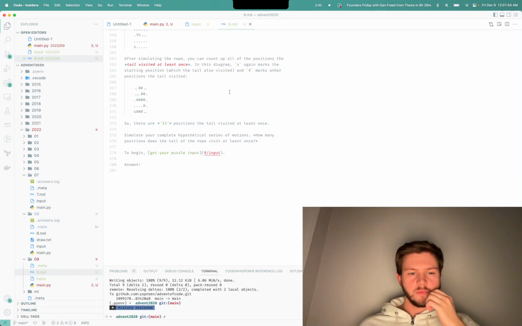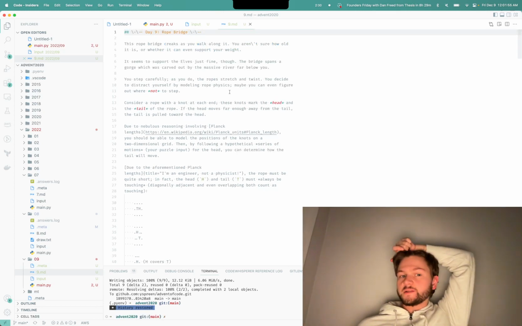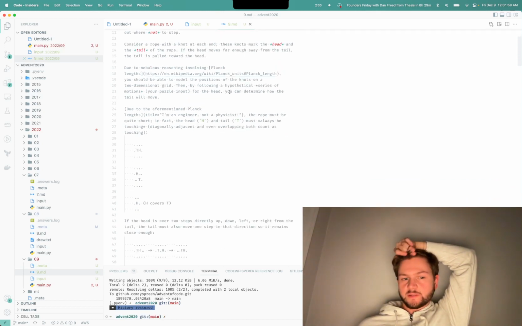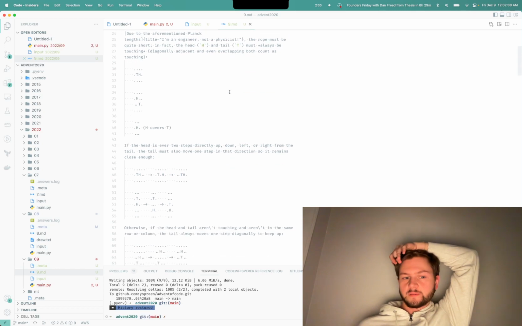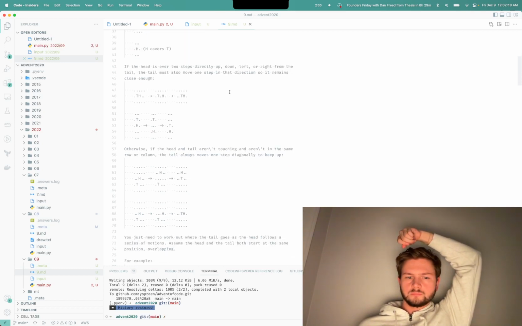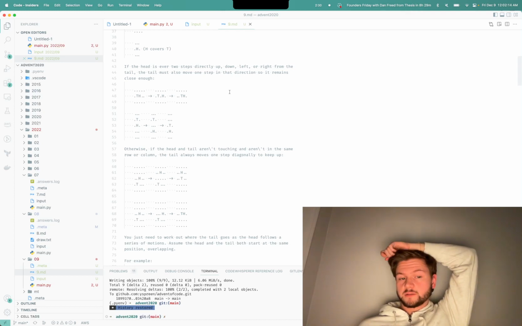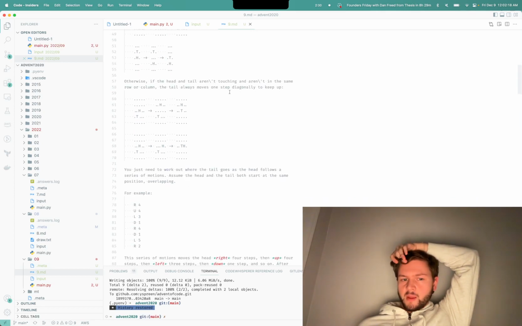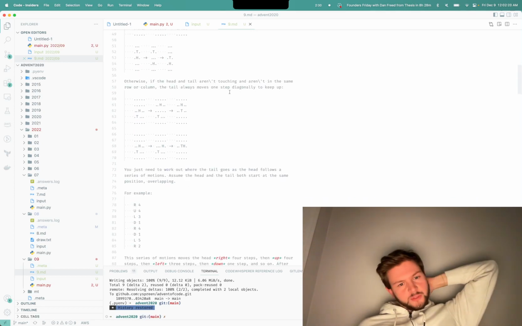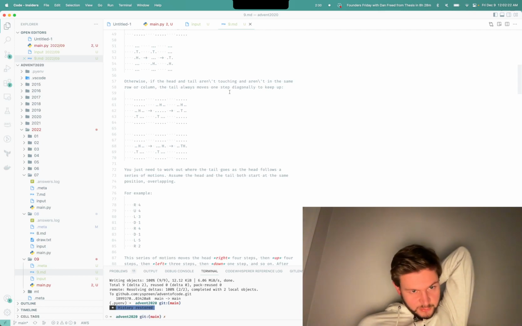Interesting. So you have to follow it, make sure that the distance is always at most once. So it can move diagonal. How would you solve this?